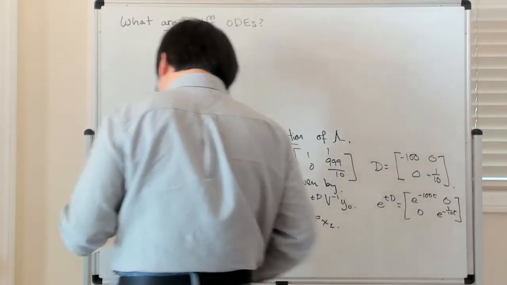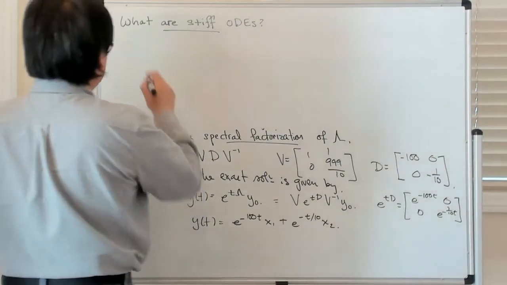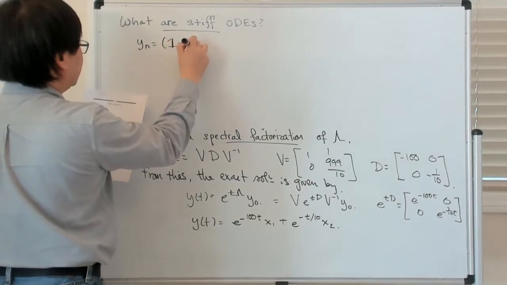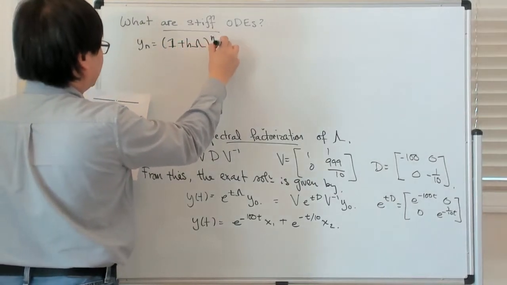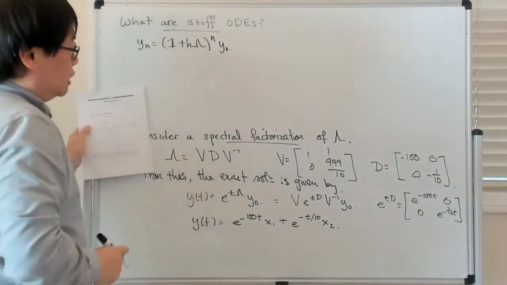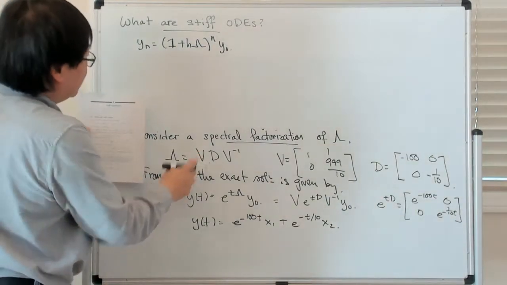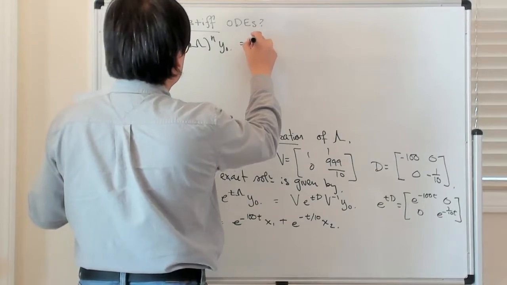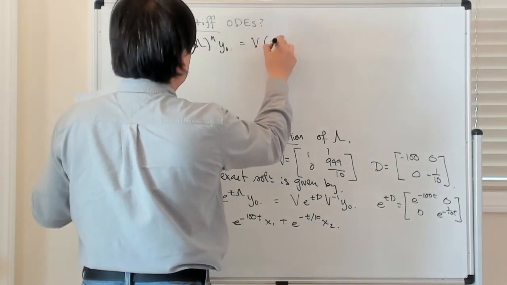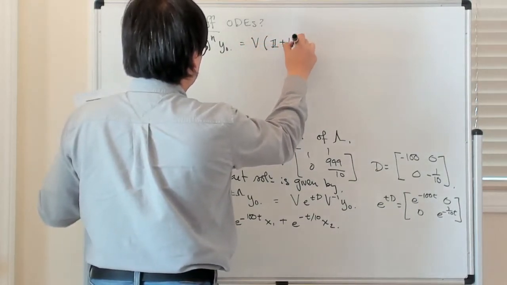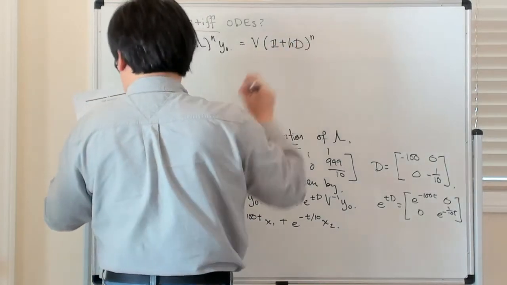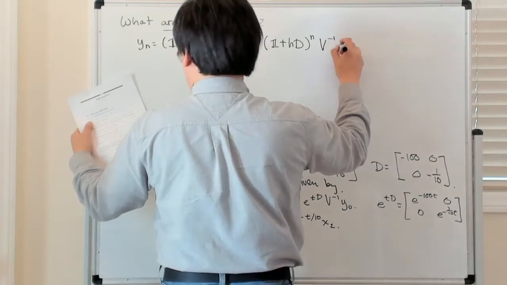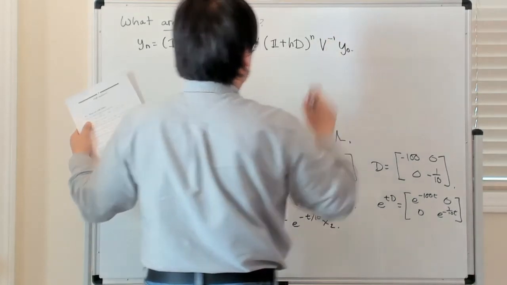All right. So I had said before that y_n was the identity plus h times lambda to the nth power applied to y0. And then you can use this factorization to conclude the following, that this is equal to V times the identity plus h times D to the nth power times V inverse applied to y0.